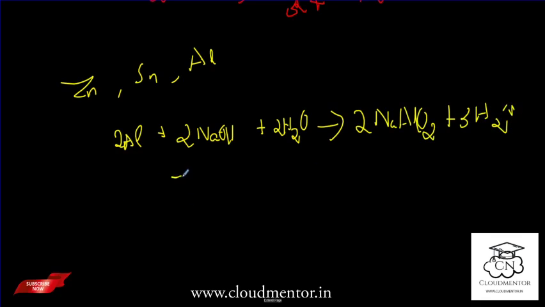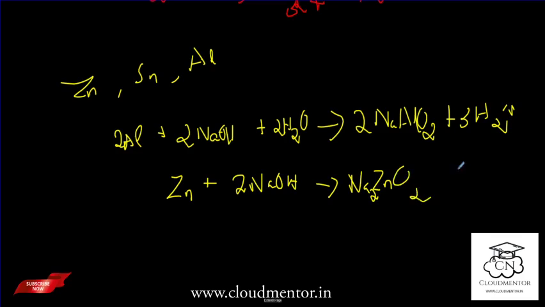And I can also show the reaction of zinc. Zinc reacts with the alkali NaOH, sodium hydroxide, to give Na2ZnO2 and hydrogen.